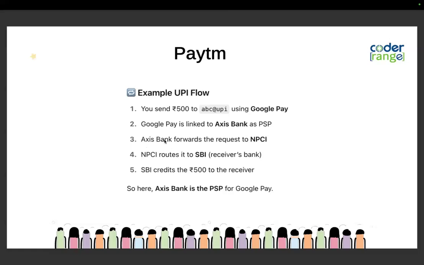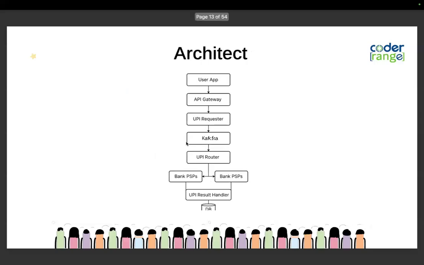That Axis Bank will forward the request to NPCI. Then NPCI will route it to the SBI server, and it will be credited to the respective SBI user. This is what happens. So in this case, Axis Bank is the PSP for Google Pay. Correct?